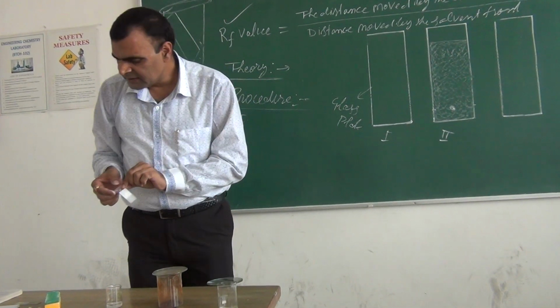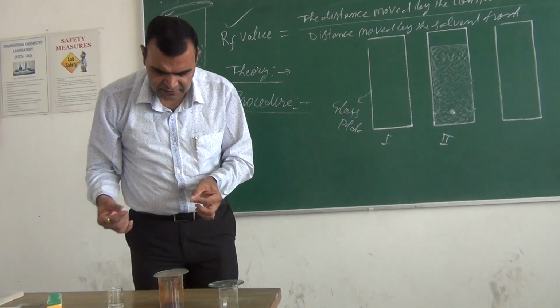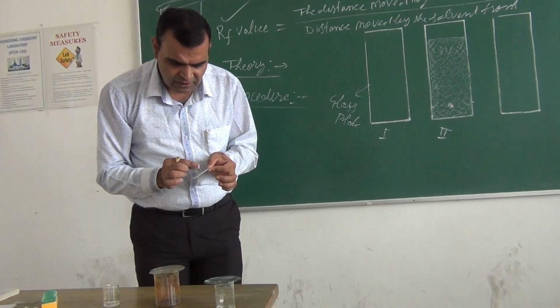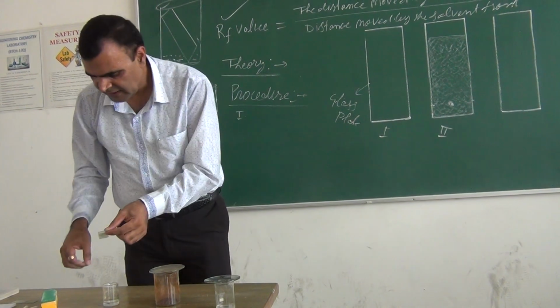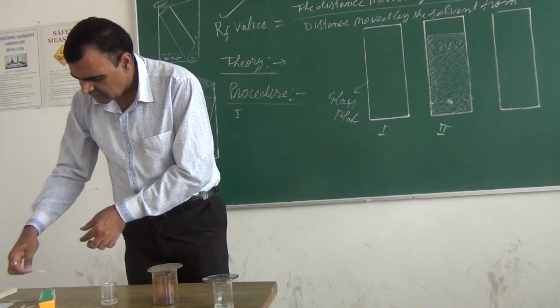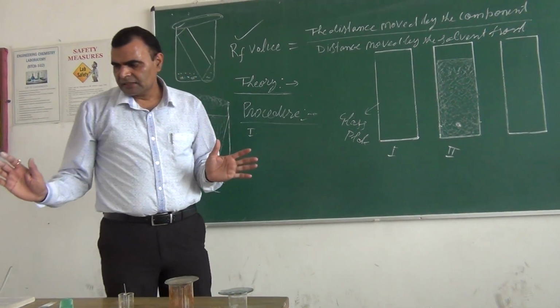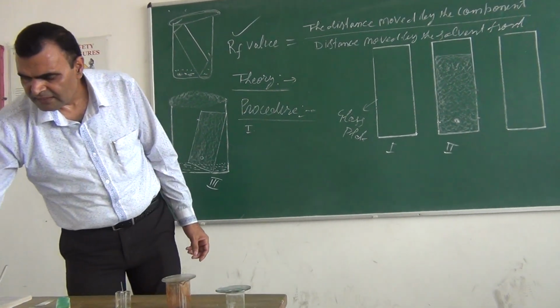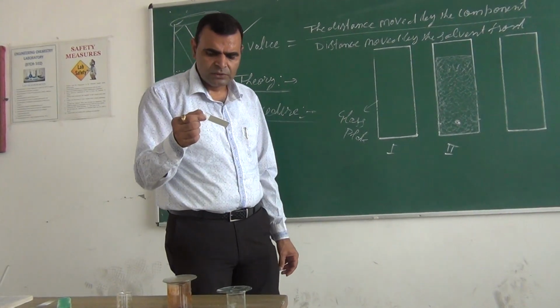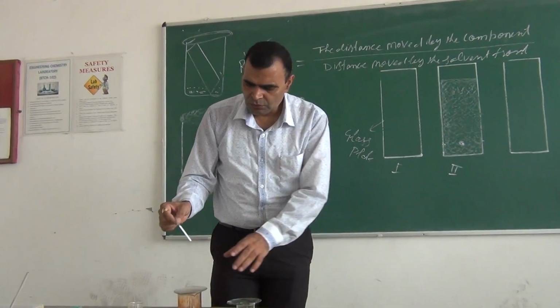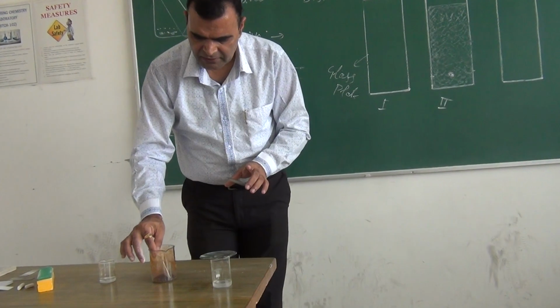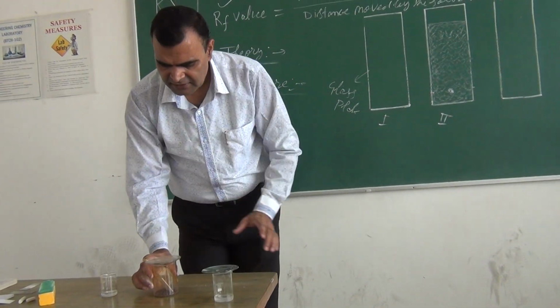We will mark it with the help of this capillary up to this level, and then we will let it dry, and after drying this plate, we put it into this iodine chamber. Let it develop.